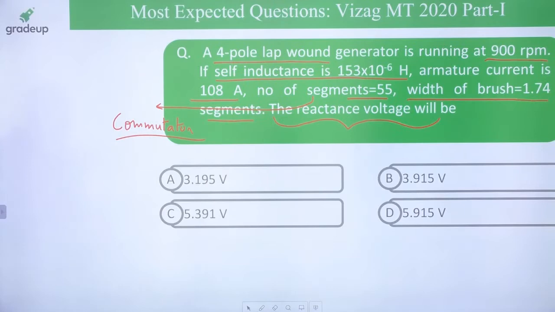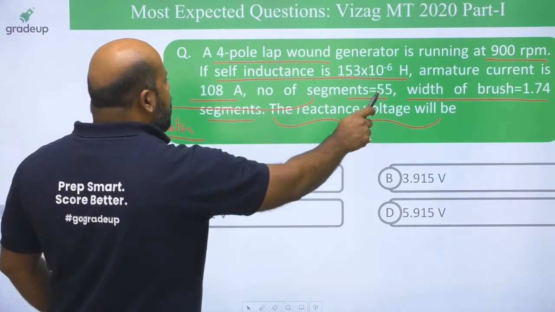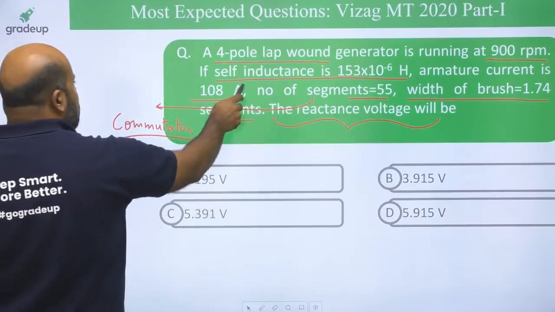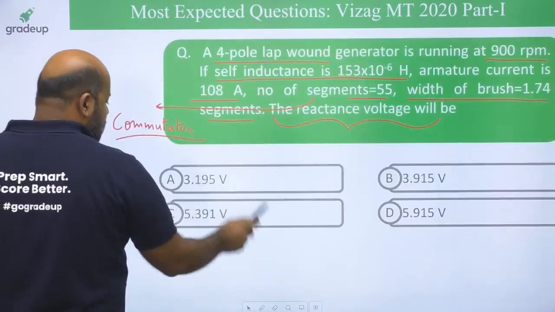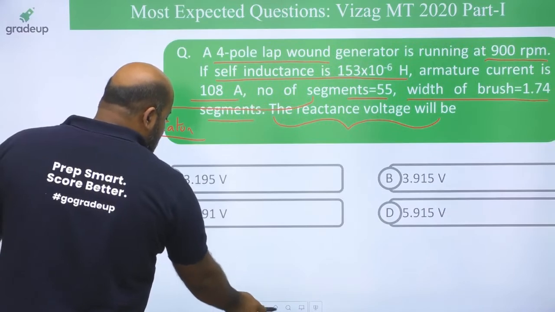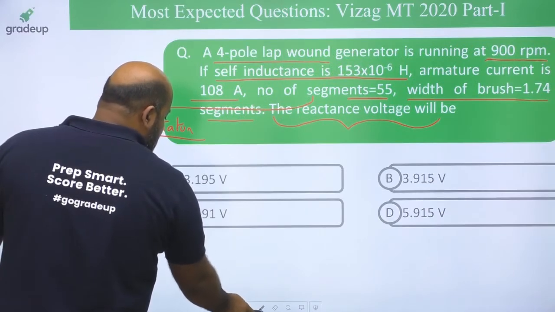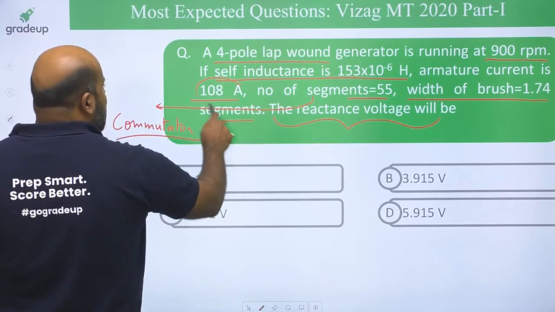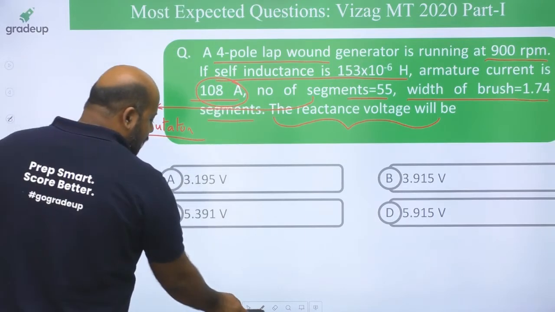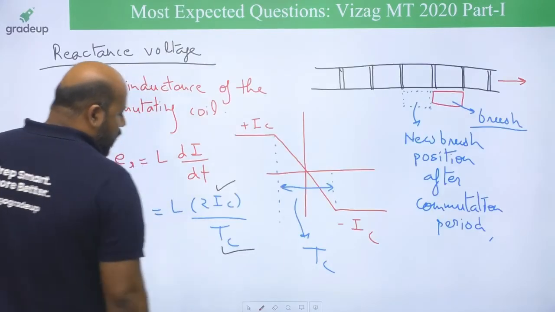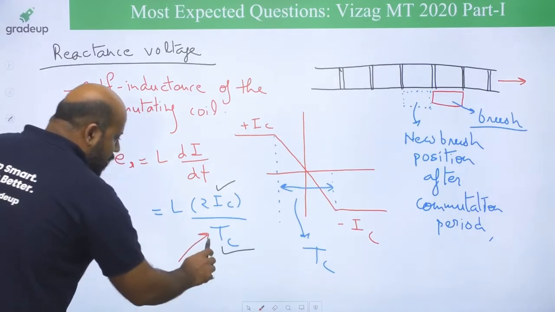Is it clear? Now see, armature current is given as 108 amperes. So current you can find, no problem. The problem is how to find the commutation period.